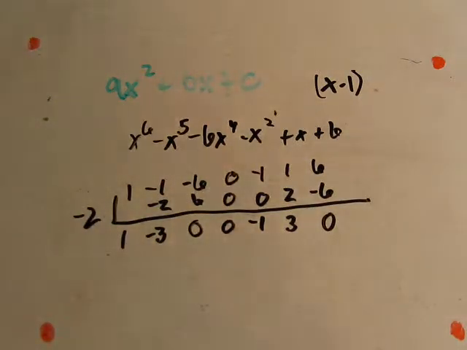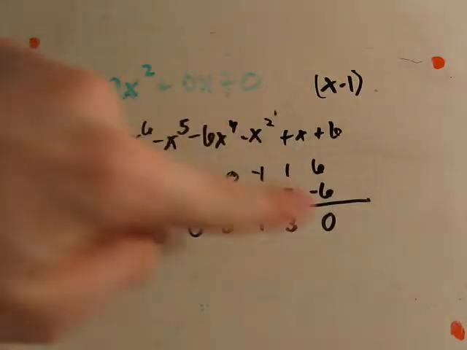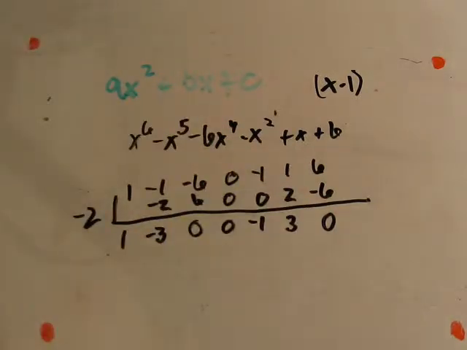And check that out. It's also a factor. How do we know? 0 in the remainder. It doesn't matter what the signs are for these. As long as this is 0, that means this is a factor.